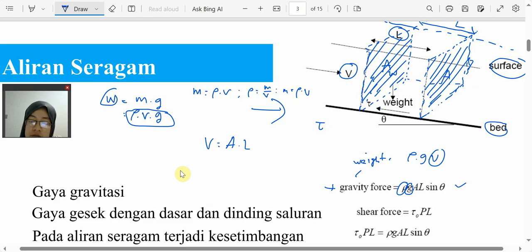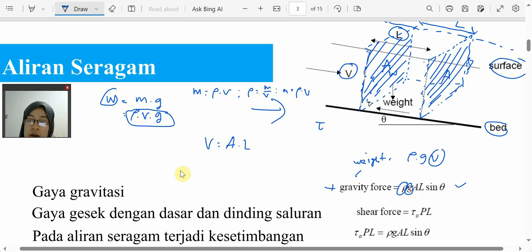Because of the imaginary boundary line of this particular water, we can assume the shape of this water system is rectangular.